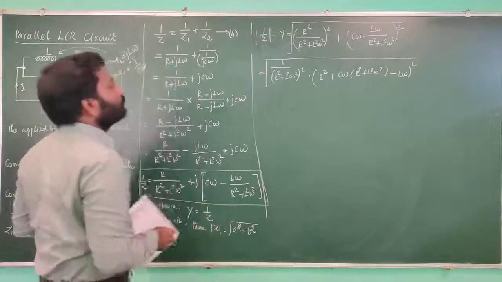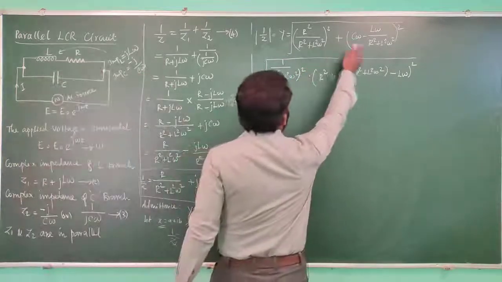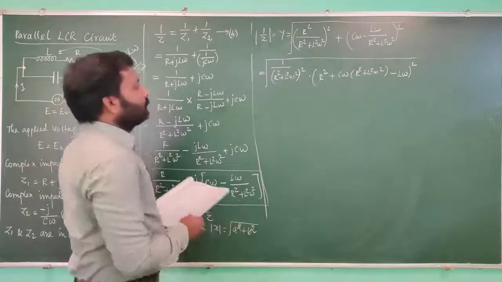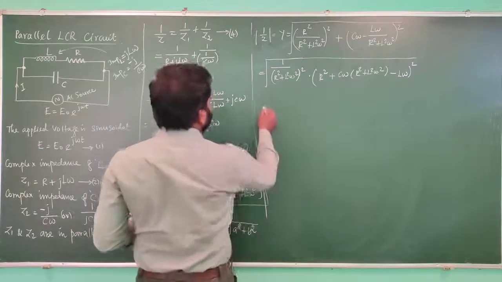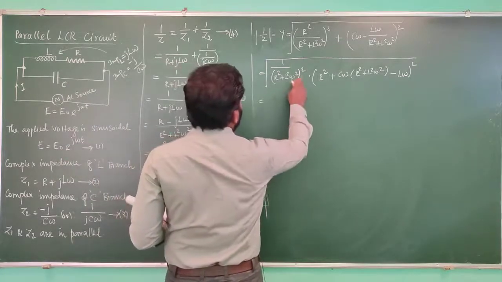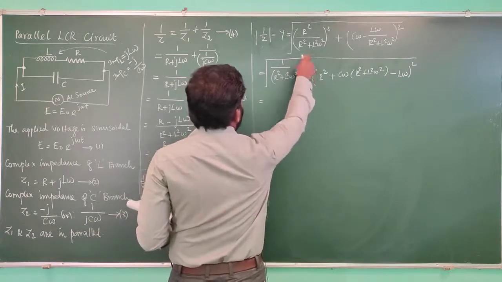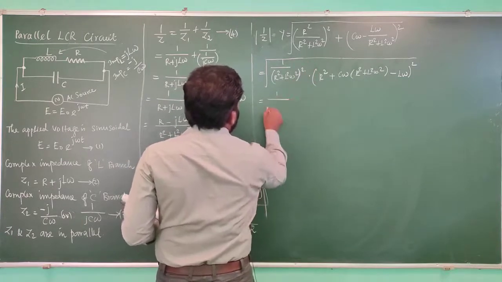We are just taking this denominator out as common, and then you see the square of the square root, so square and square root will cancel out. So what will be remaining?